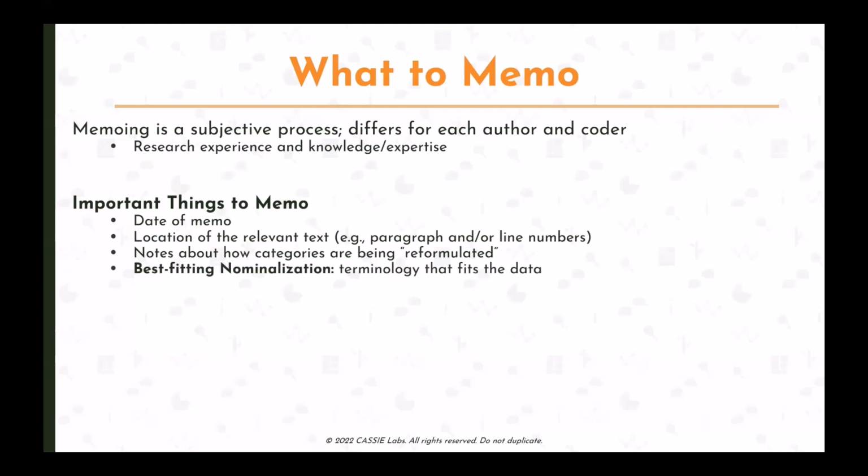There's this concept of best fitting nominalization, which, in human speak, simply means words matter. Will and I have had this conversation many times. Words matter, and we want to make sure that when we come up with concepts, when we come up with themes, the word or phrase that we use to describe that category fits the data, right?